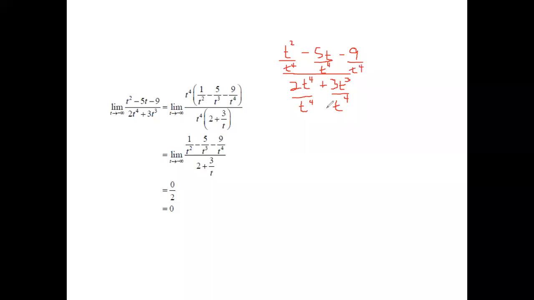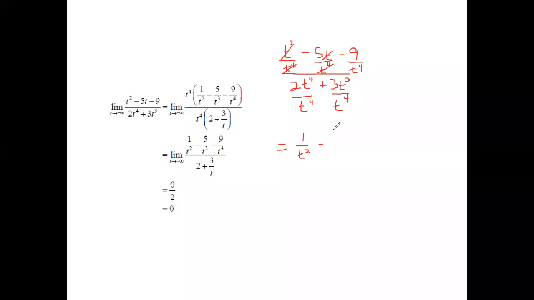Okay, once we do that, t squared will go into t raised to the power 4, t raised to the power 2. Minus 5t goes here, t cubed.